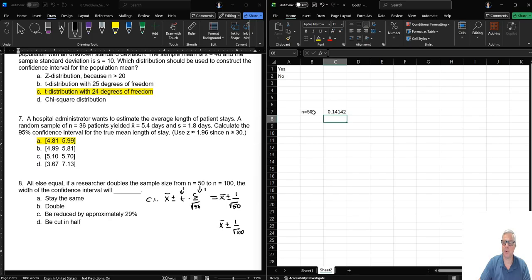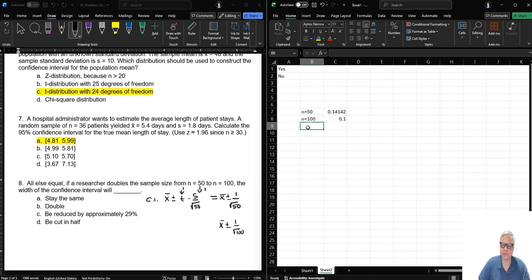Okay, so that's 0.14. If I have a sample of 100, I can actually calculate in my head, it's 0.1. Okay, so now we can see that the width, holding everything else constant, has dropped from 0.14 to 0.1. So how much of a reduction is that?